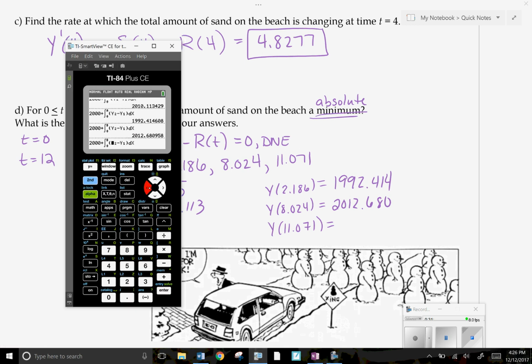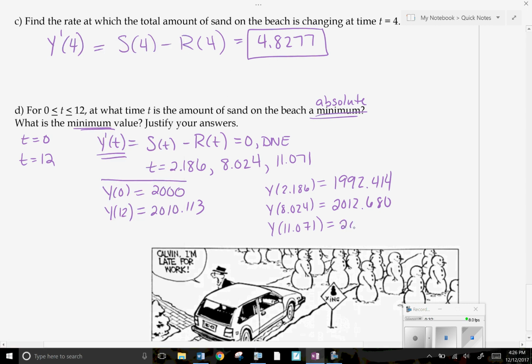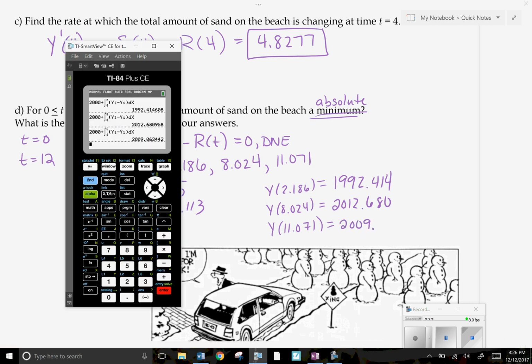So I gotta go back here. Oh, I went too far. Come back. See. Come on, little calculator. 2009.063. What was it again? 063? Yeah.